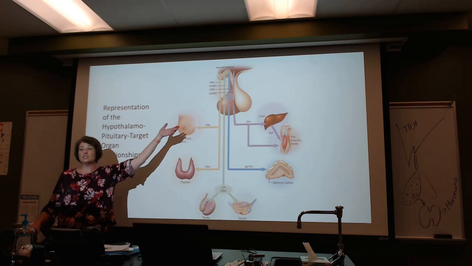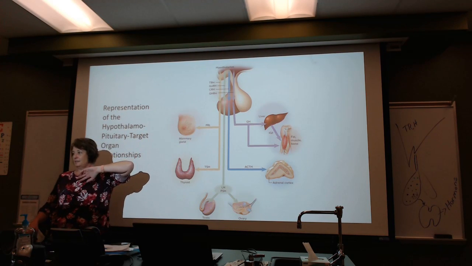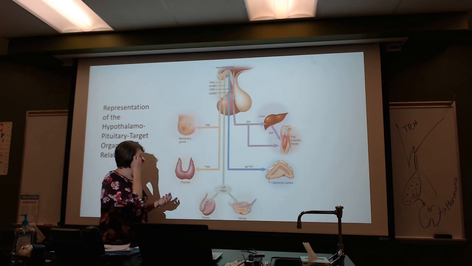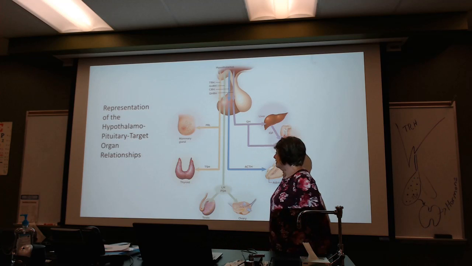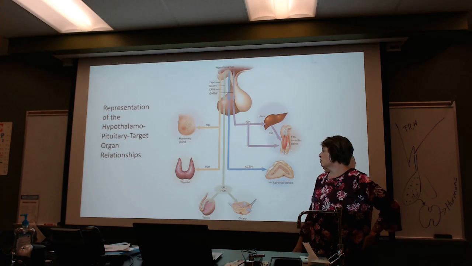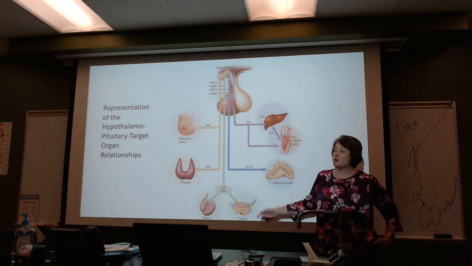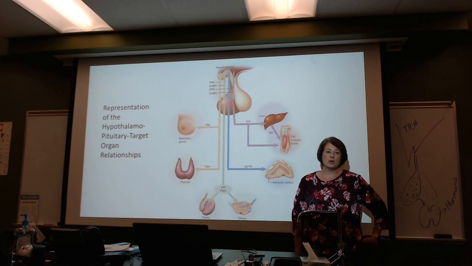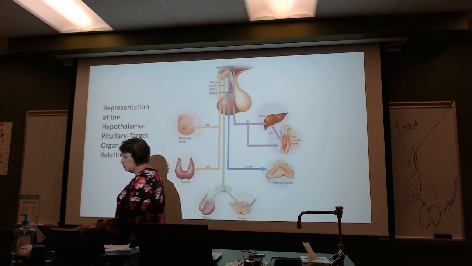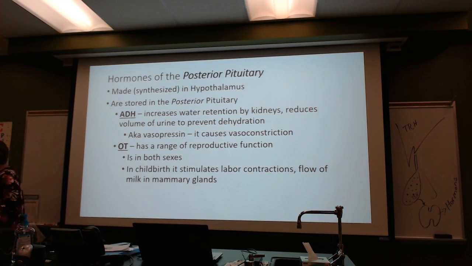Everything else is pretty much going to be a releasing hormone. So from that anterior pituitary, we're going to get thyroid stimulating hormone, luteinizing hormone, adrenocorticotropic hormone. We're going to get growth hormone. They're going to have their target tissues and organs that they're going to act upon in the body.